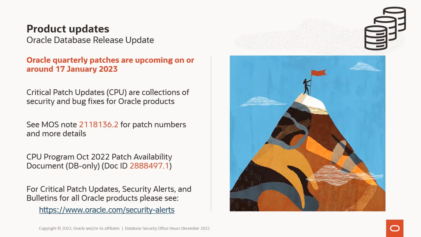As always, go check out oracle.com/security-alerts for more information and to see that quarterly patch release schedule that we put out there. So you'll see it through the end of the year. So if you're planning out next year's outage windows or patching cycles, then you could take a look at oracle.com/security-alerts and see when we're going to release those quarterly patches.